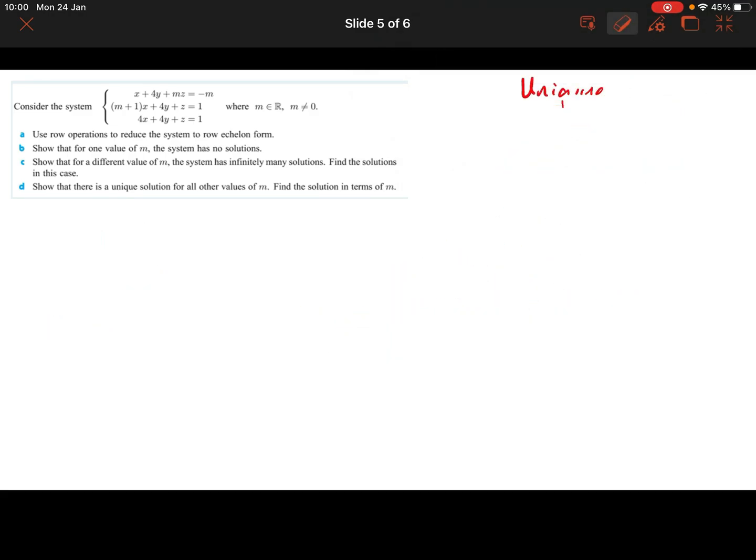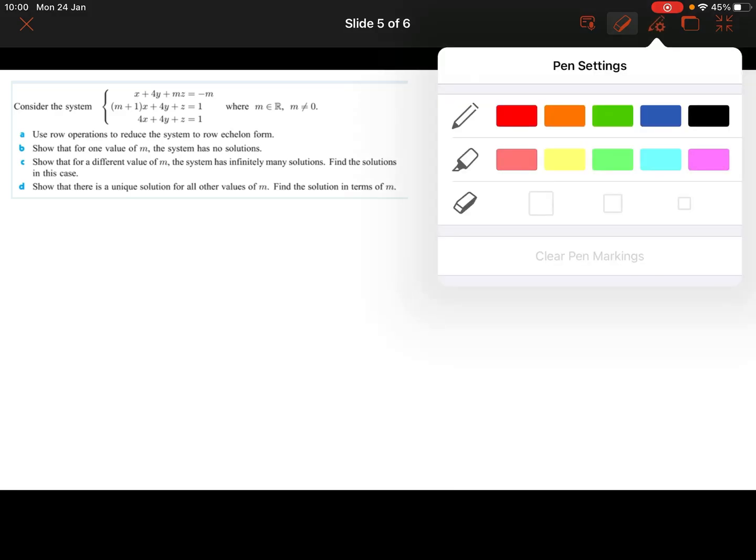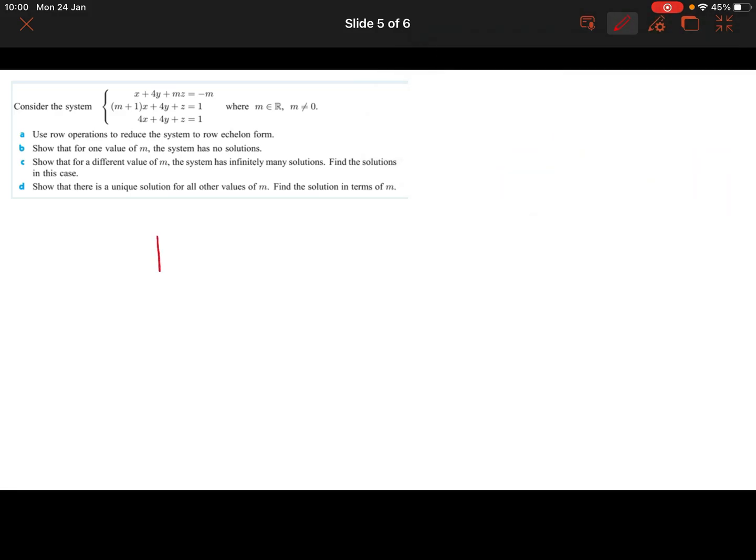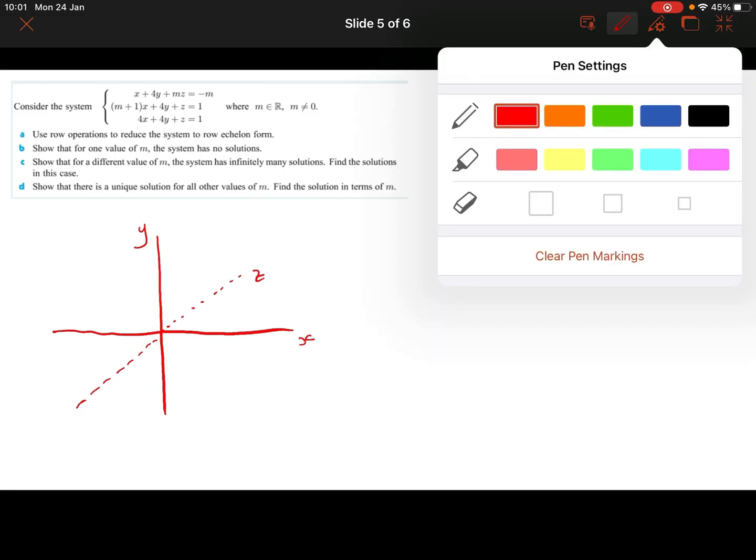Now, bear with me. This is quite tricky to show you. We're going to go into a 3rd dimension. So imagine now we're going into a 3rd dimension here. So you've got X, Y, and Z axis. Now how can these 2 lines interact with each other?